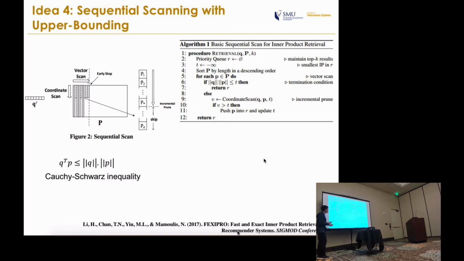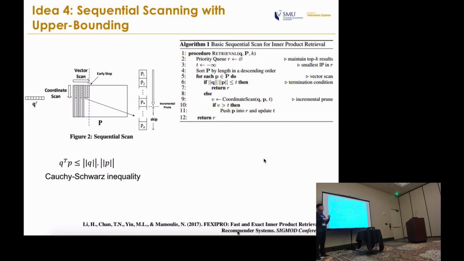So at any time, if you investigate one particular item, you just need to compare the product of the norm of the query vector and the data vector to the current smallest inner product in the result queue.